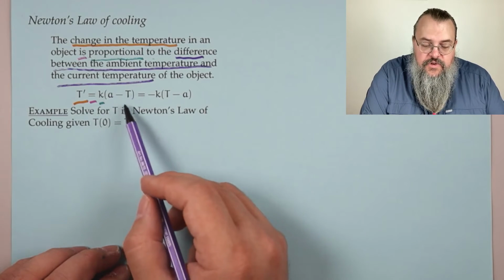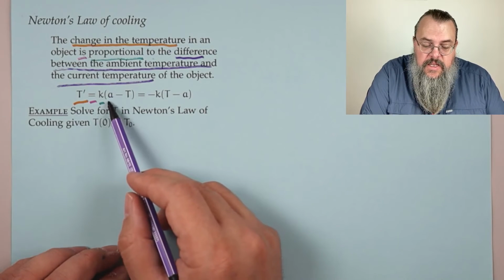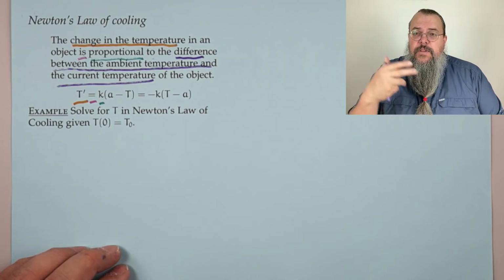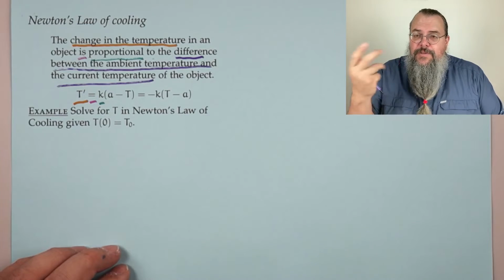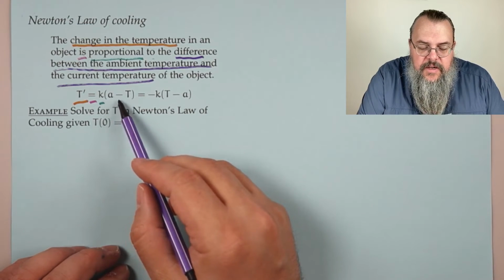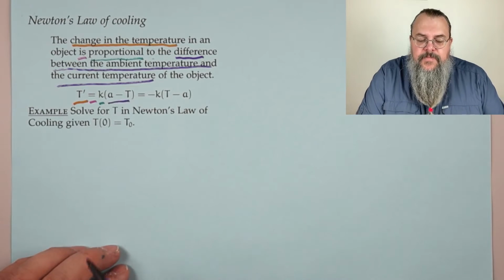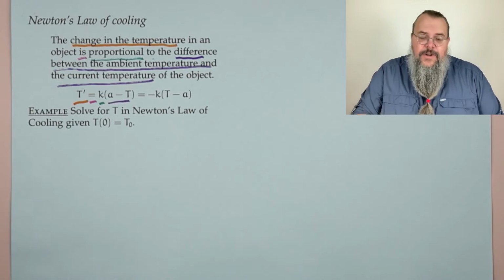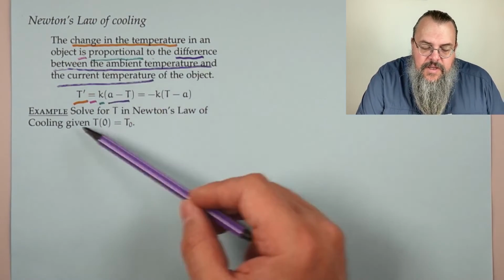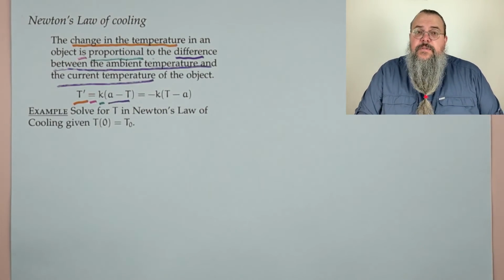Difference means what? Subtraction between ambient temperature, which is the temperature of, say, the air around you or whatever you happen to be. Maybe it's water. But the ambient subtract current temperature. And that's it. So you can see how each part of this sentence becomes a part of the differential equation.